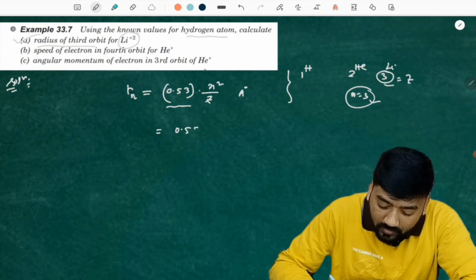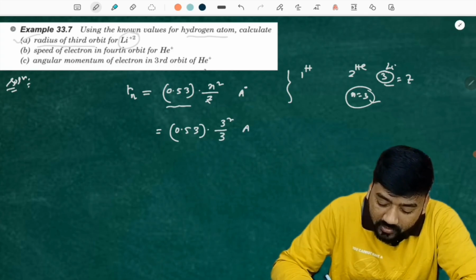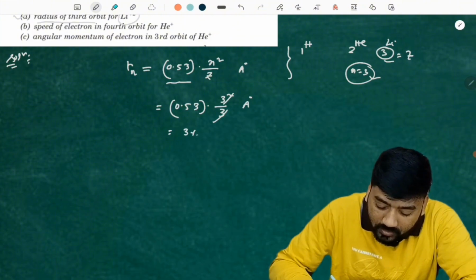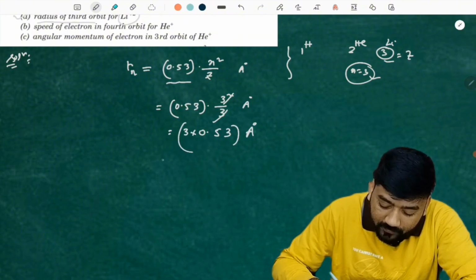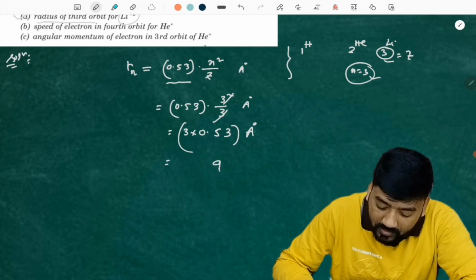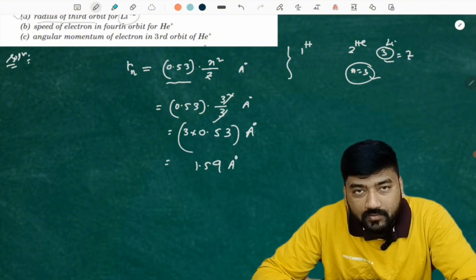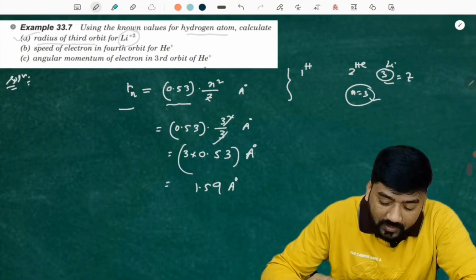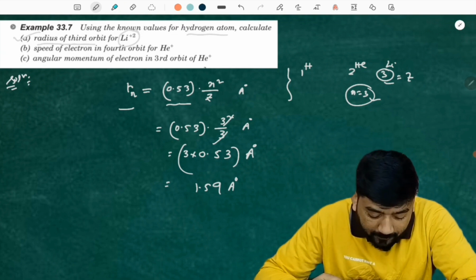So what will be your result? 0.53 into 3 square upon 3 angstrom, 3 will be cancelled out. So that will be 3 into 0.53 angstrom, and that will be 3 into 3 is 9, 3 into 5 is 15. So 1.59 angstrom, or you can say approximately 1.6 angstrom. So this is the radius for lithium ion in the third orbit.